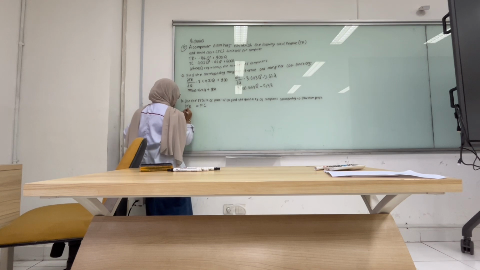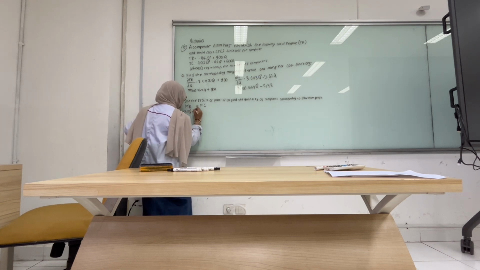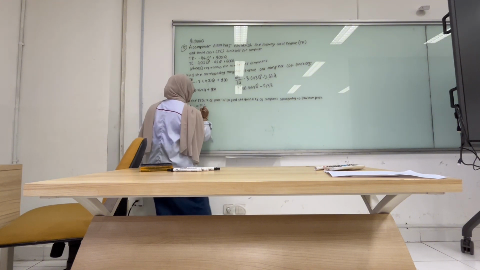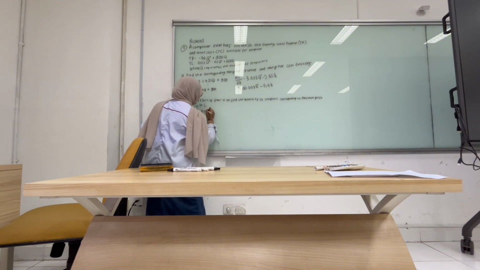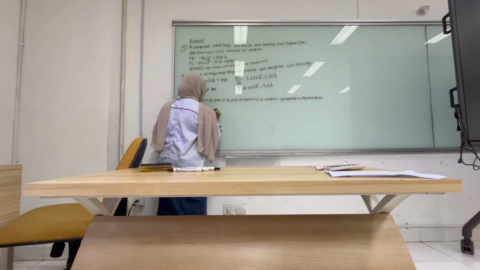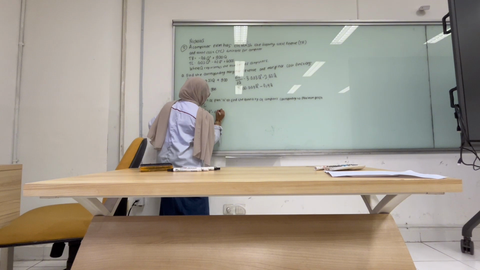So it will be minus 0.4Q plus 900 equals 0.09Q squared minus 0.4Q.